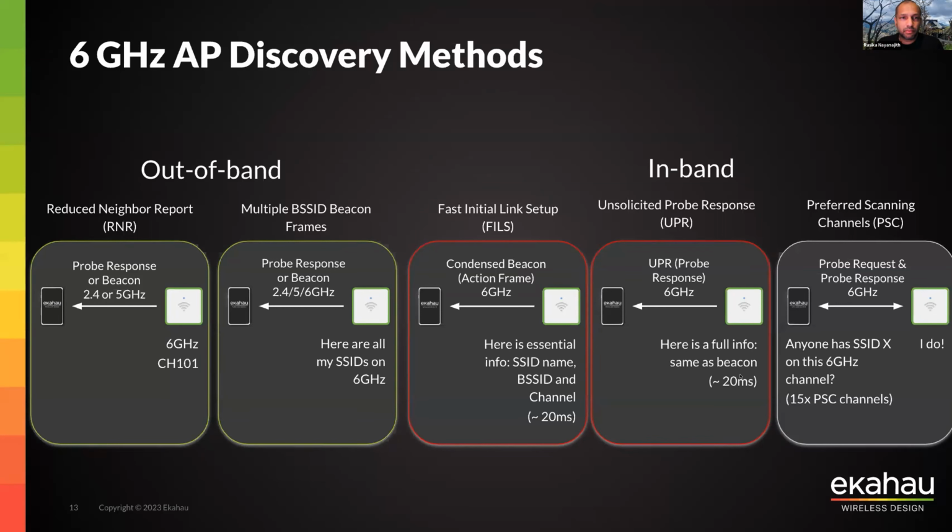It will be good on paper, but because probe responses are almost like a beacon frame, do you like to send a beacon frame every 20 milliseconds? Maybe not. So keep in mind this method. That's why we highlight it in red. Technically it is there, but you will not see much use except in those corner cases of 6 gigahertz only deployment, or some vendors may not support UPR at all. So keep this high level picture in your mind.